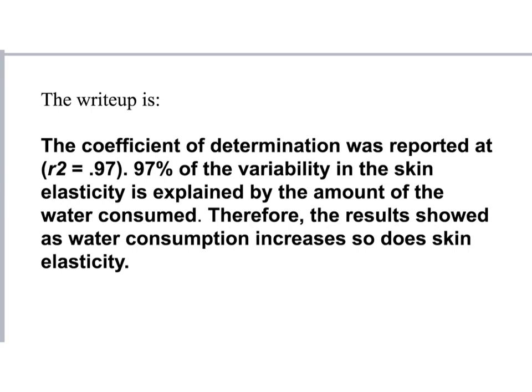The write-up is: the coefficient of determination was reported at R2 equals 0.97. 97% of the variability in skin elasticity is explained by the amount of water consumed. Therefore, the results show that as water consumption increases, so does elasticity.